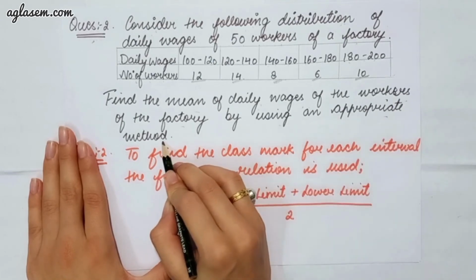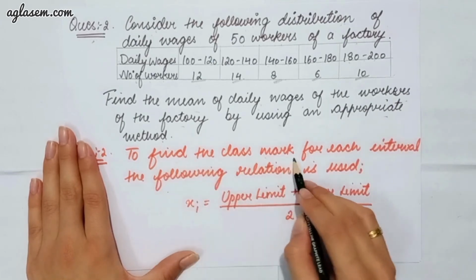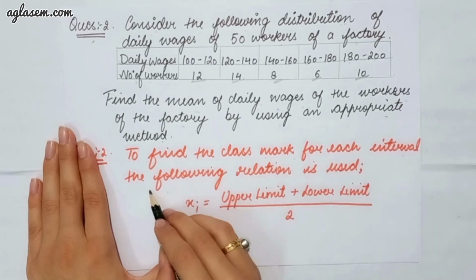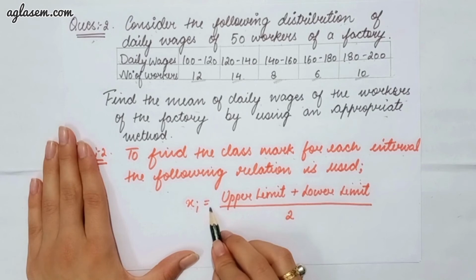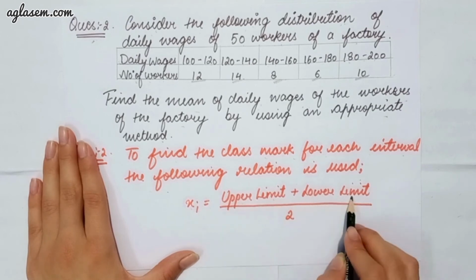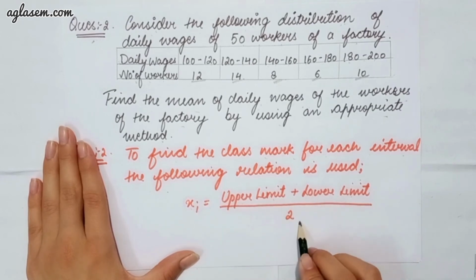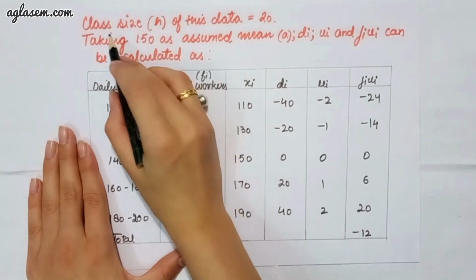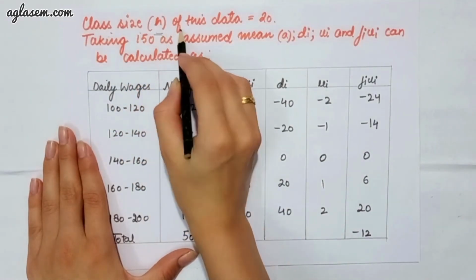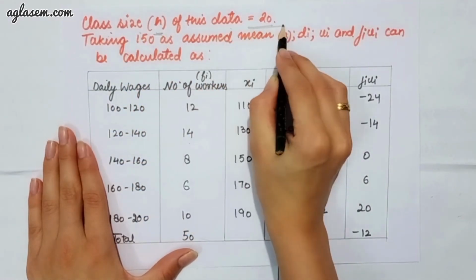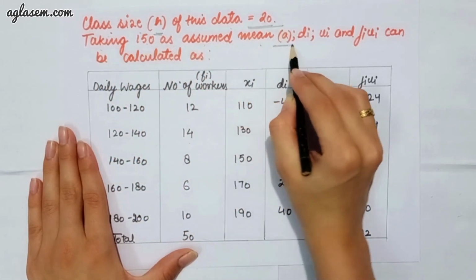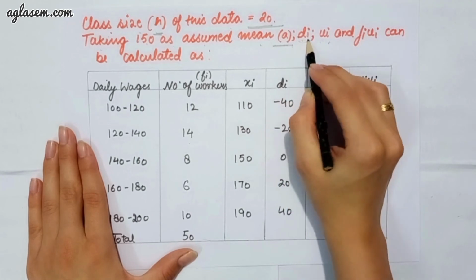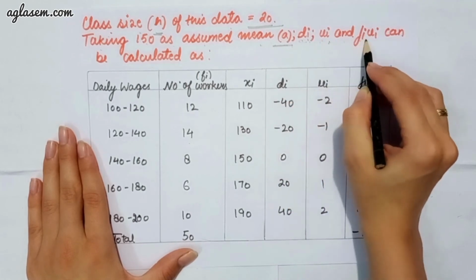So here the answer is, to find the class marks for each interval, the following relation is used: xi equals upper limit plus lower limit divided by 2. Solving further, the class size, that is h, of this data is equal to 20. So taking 150 as the assumed mean, that is A, we have to find di, ui and fi ui.